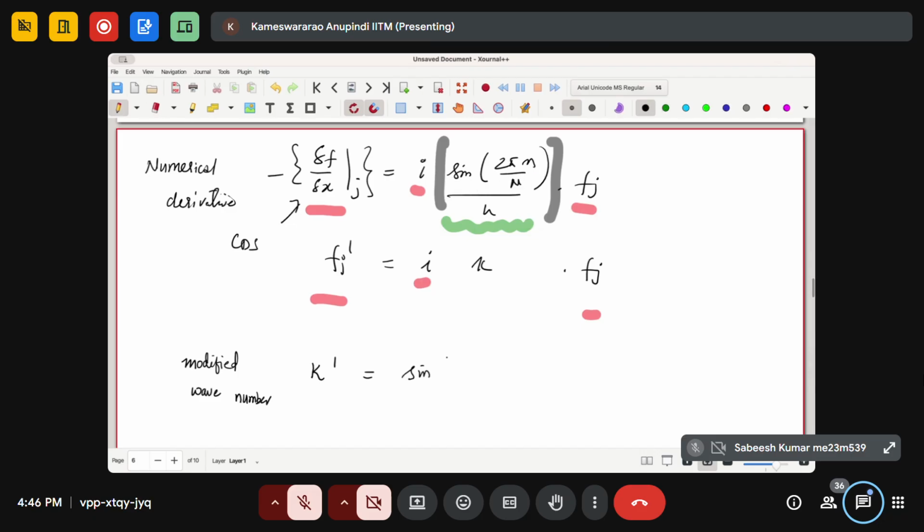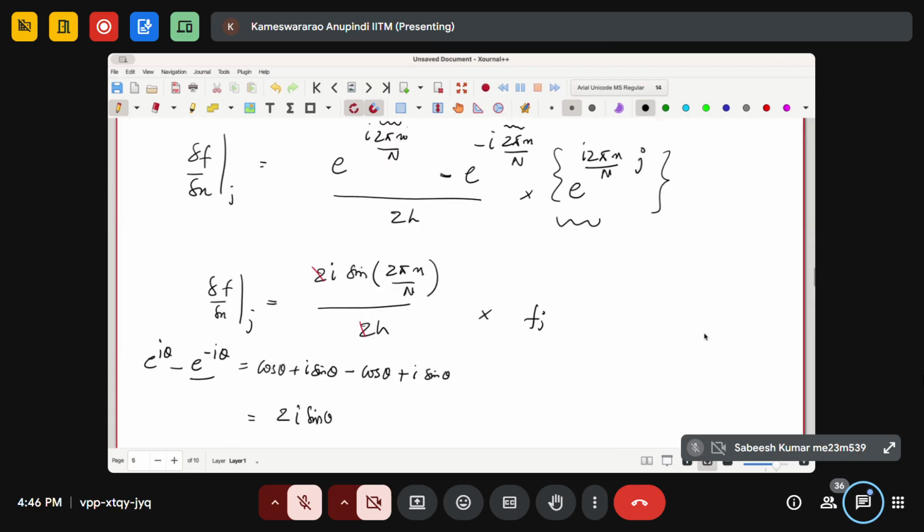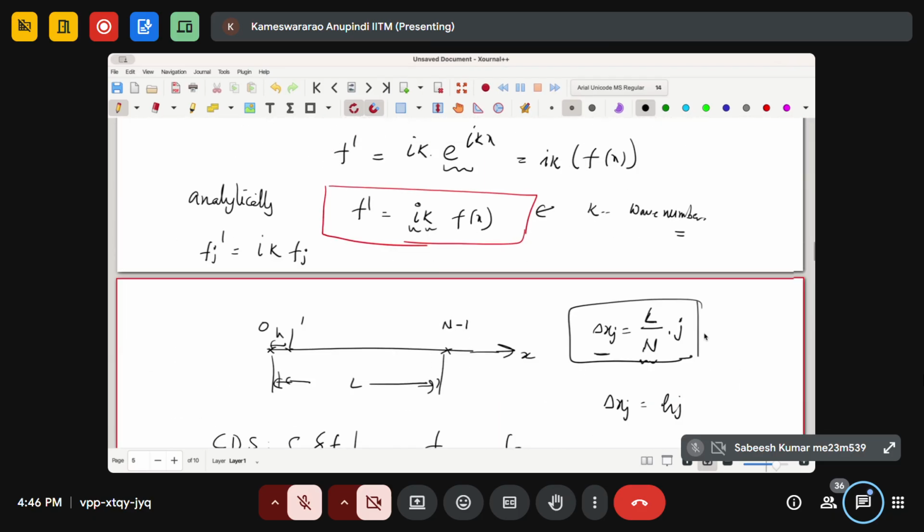Let me call this sine of 2 pi little n by capital N divided by h. Okay, but then let me also rewrite this. So this is going to be sine of 2 times pi into n, 2 pi n is what I got, but then what is my delta x, or my h?